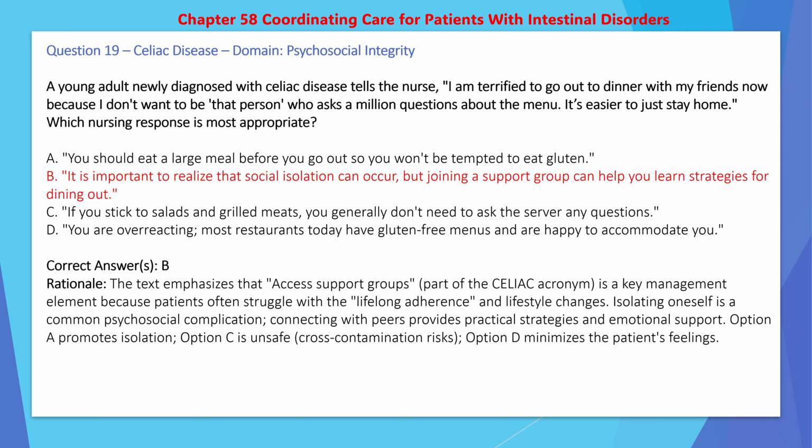Isolating oneself is a common psychosocial complication. Connecting with peers provides practical strategies and emotional support. Option A promotes isolation. Option C is unsafe, cross-contamination risk. And option D minimizes the patient's feelings.